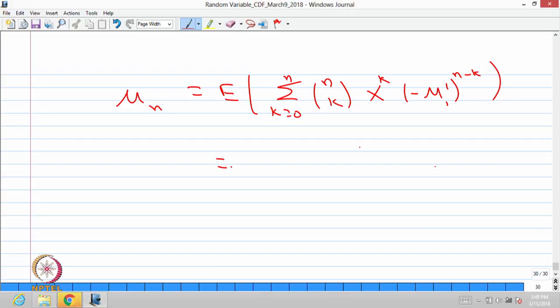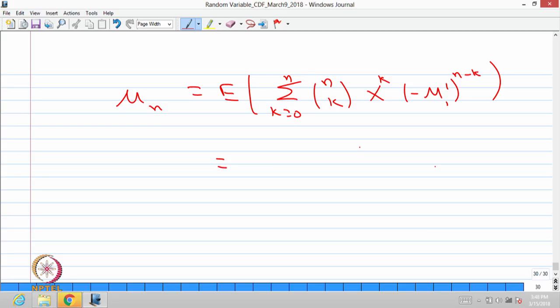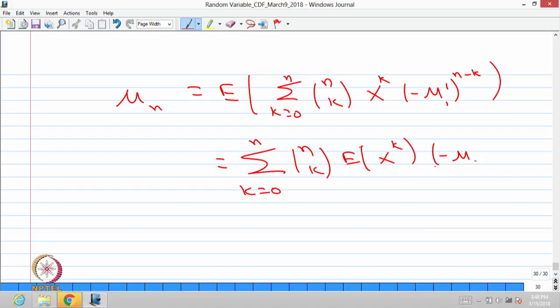That is same as the nck is a constant, that is not random, minus mu 1 dash, that is also not random. Therefore, expectation can be taken inside, that is summation k is equal to 0 to n, nck, expectation of x power k, minus mu 1 dash power n minus k.